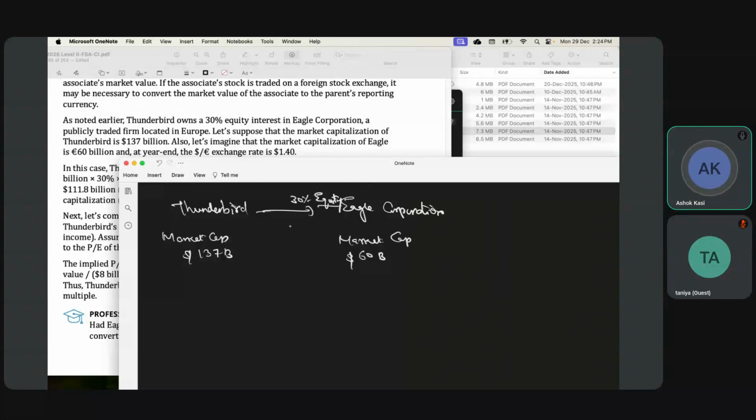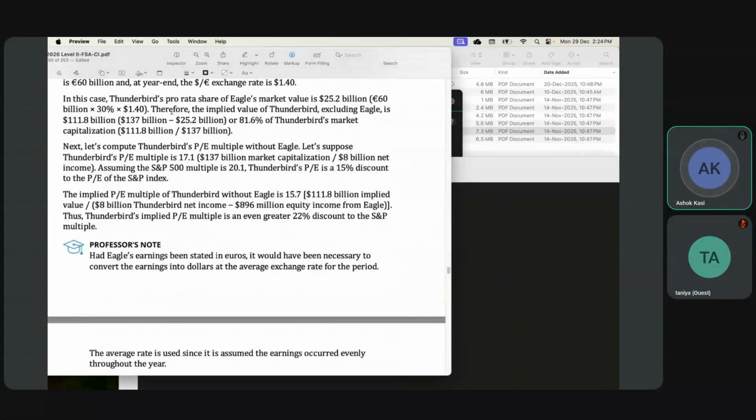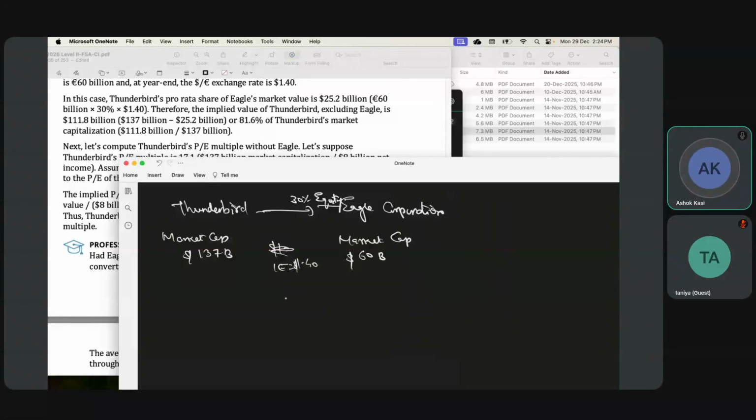Exchange rate is 1 euro is equal to $1.40. In this case, Thunderbird's pro rata share of Eagle's market value is 25.2 billion. So they have converted all into dollars.